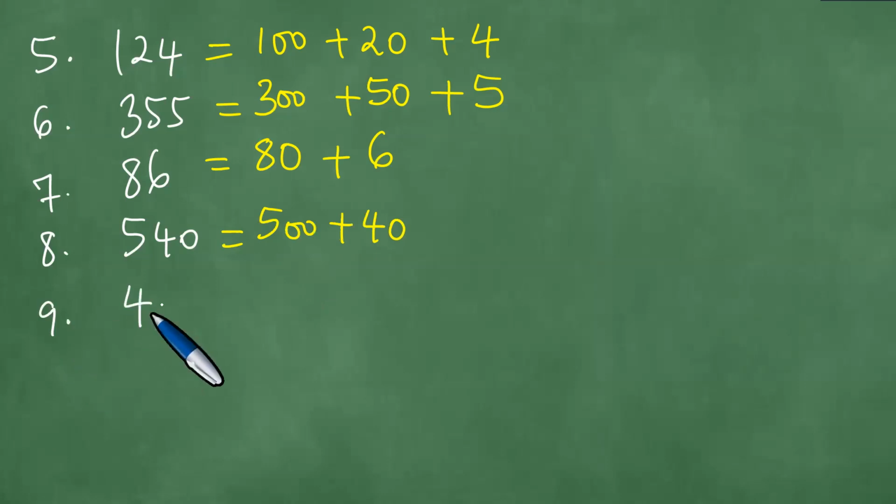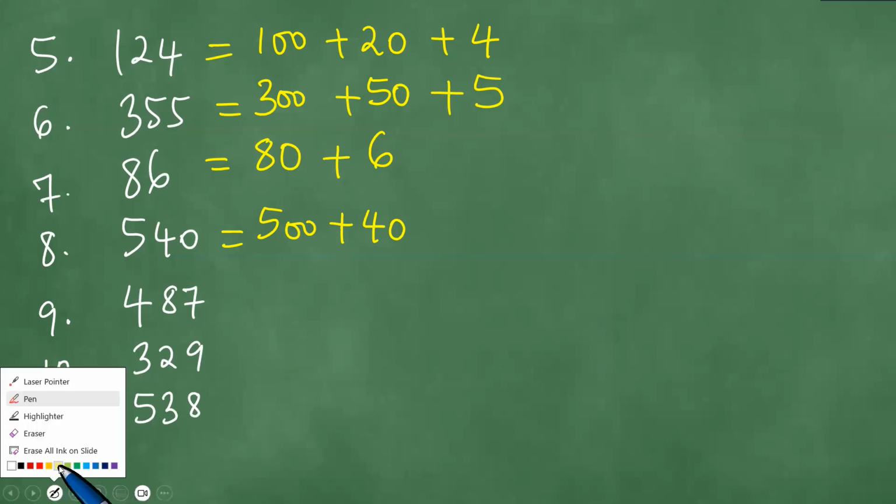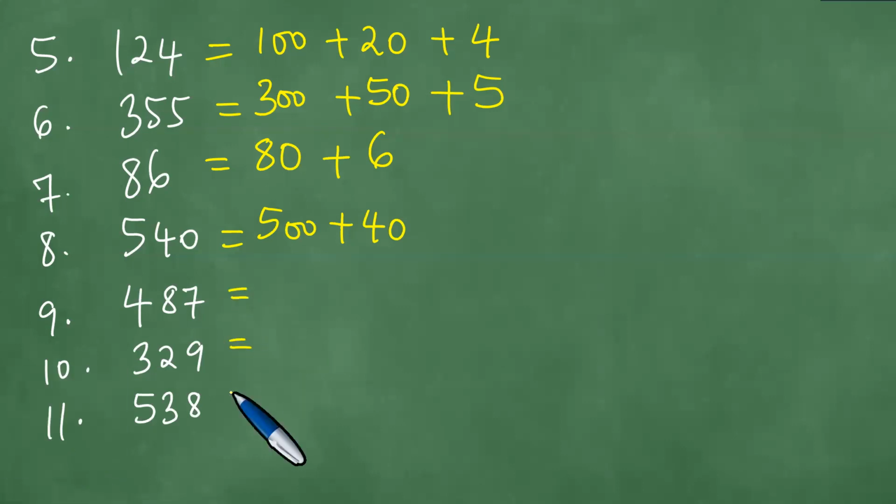Okay, let's continue with the pattern. What about 487? 329. 538. What are these things equal to, Mpile? Let's break this down, please. 487 is equal to what?